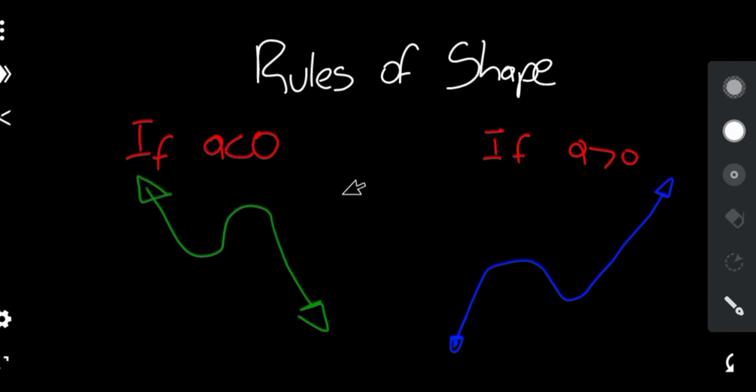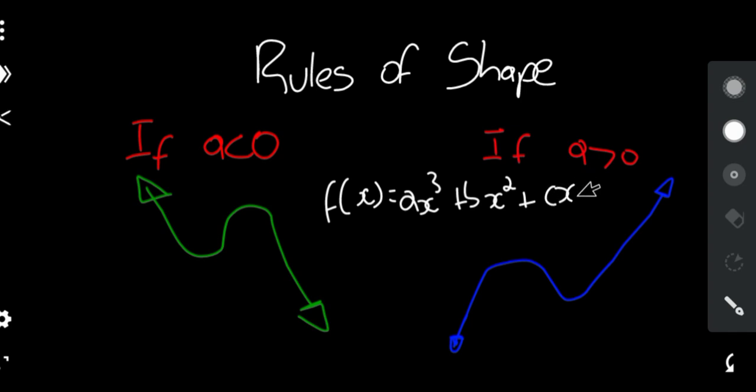The standard form of a cubic graph is f of x is equal to ax cubed plus bx squared plus cx plus d.